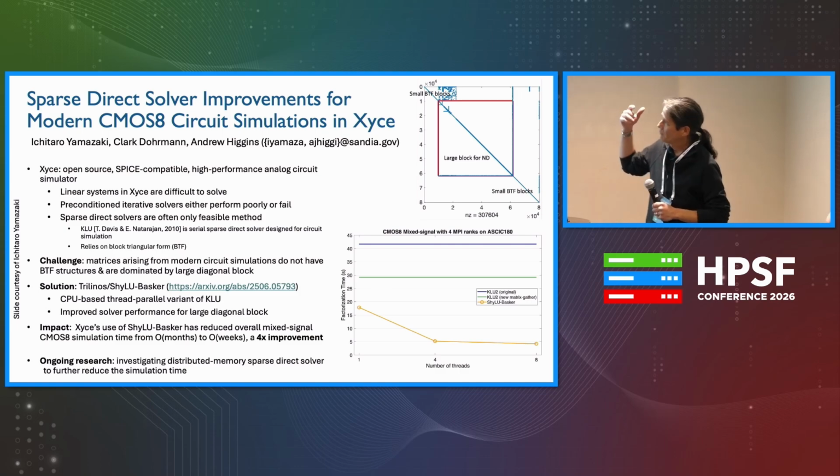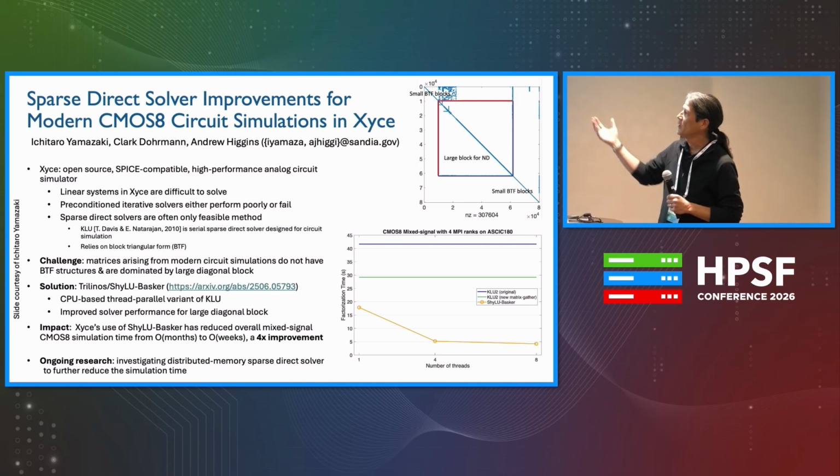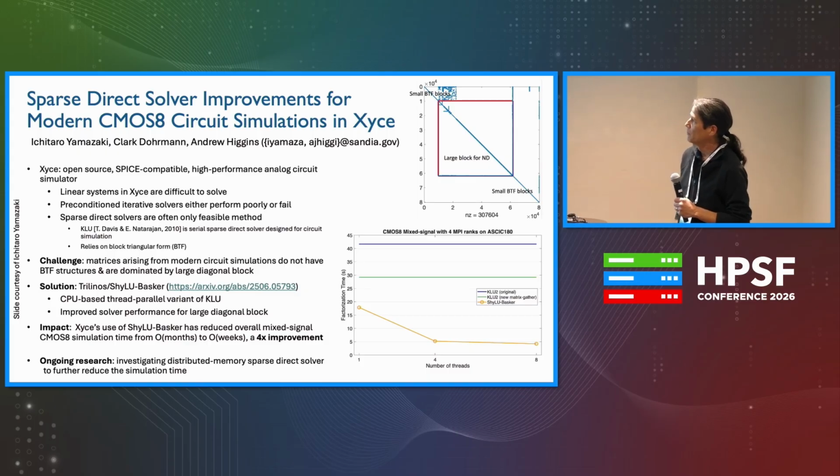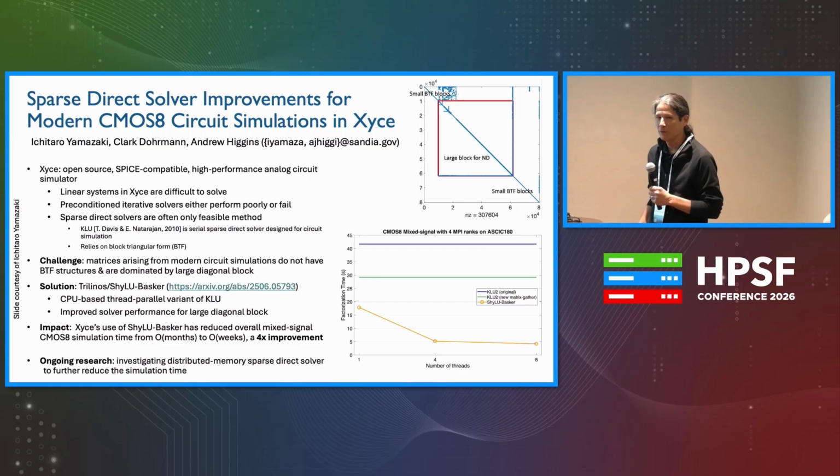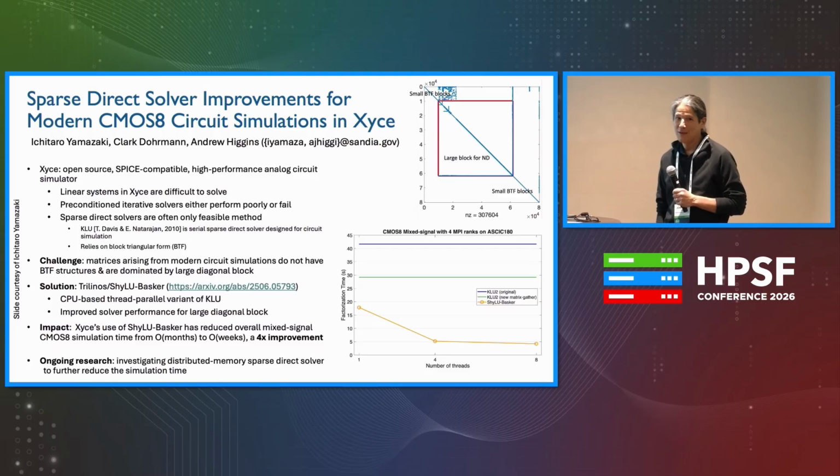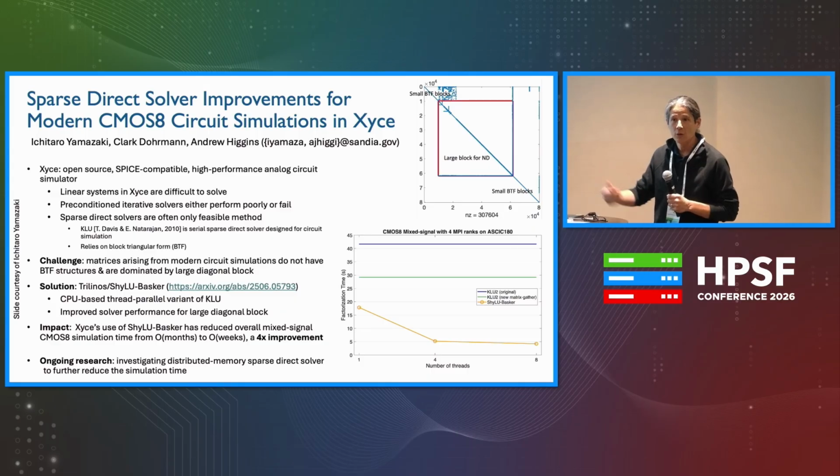The takeaway here is that Xyce has very, very difficult linear systems to solve. I guess there may be some cases where you could use an iterative solver and it will converge. Maybe. Oh, okay. No. So typically, they go to a direct solver.